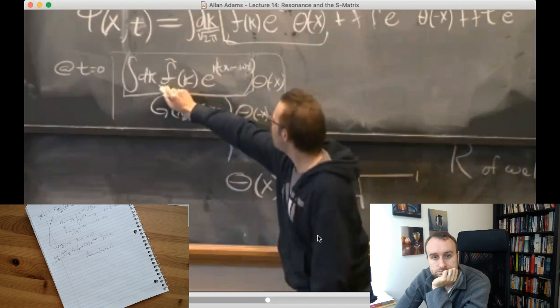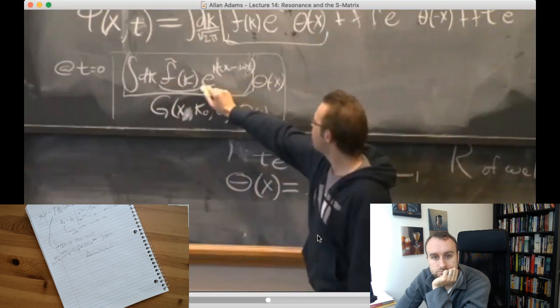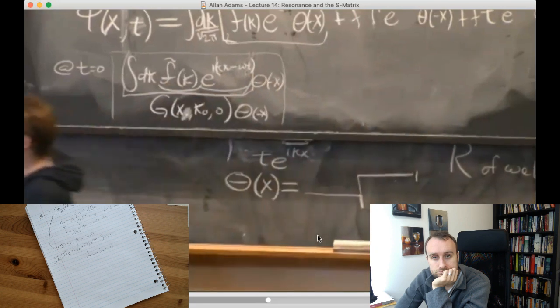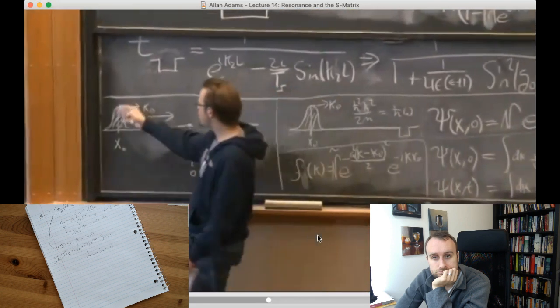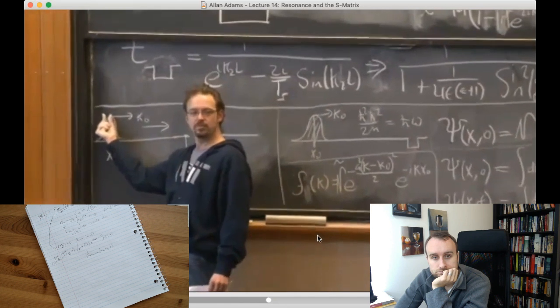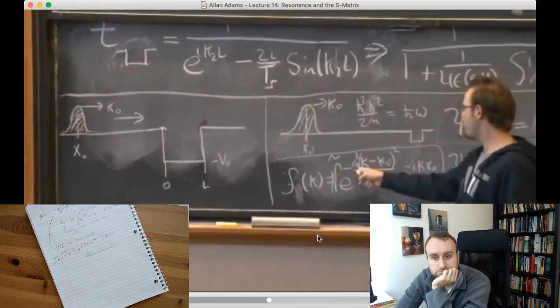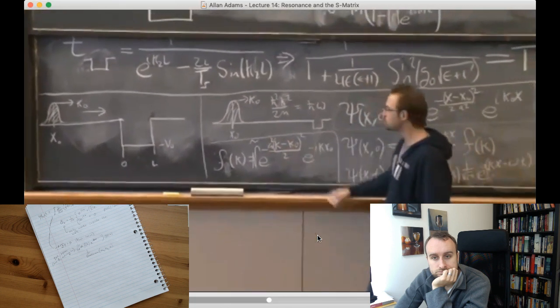Well, this is an envelope on this set of plane waves, and the envelope, by construction, was well localized around position x, but it was also well localized in momentum. And in particular, the Fourier transform is well localized around momentum k naught.